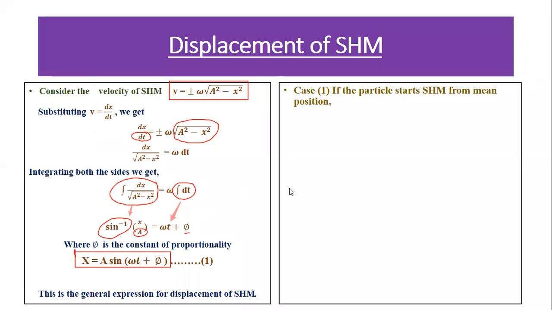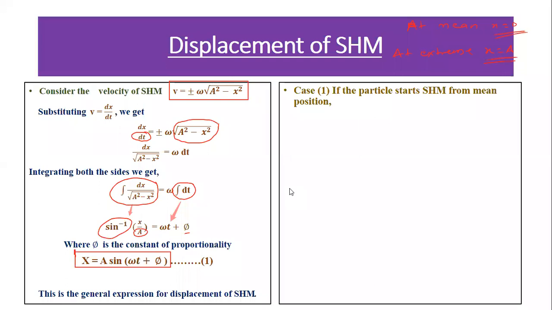Case number 1. You know that at mean position displacement is 0, so at mean x is equal to 0. At extreme, displacement is equal to plus minus a. So that you already know.